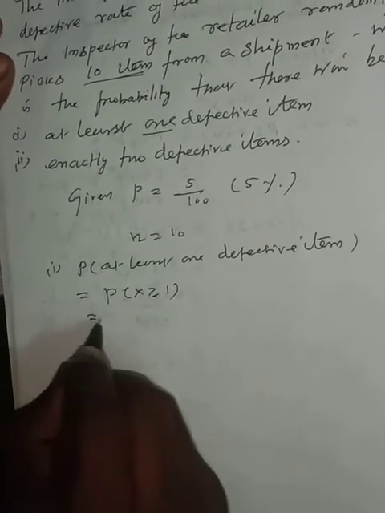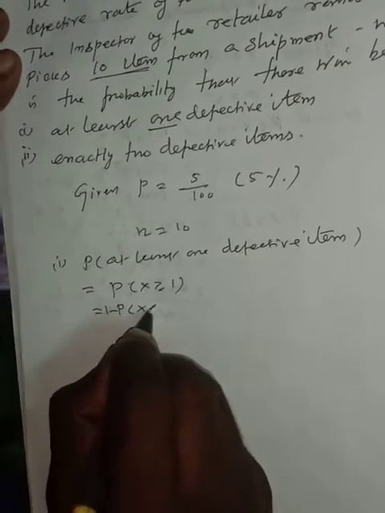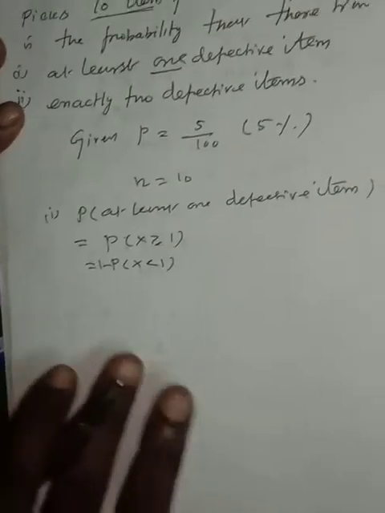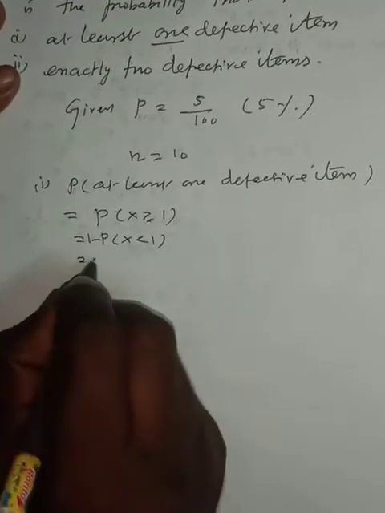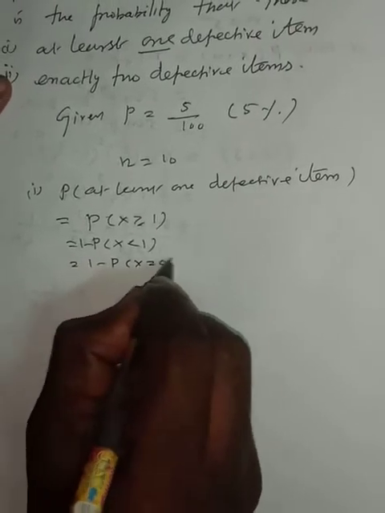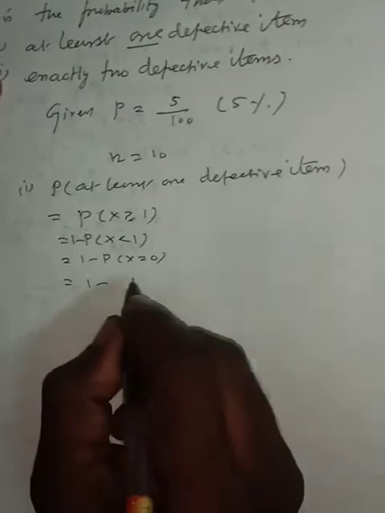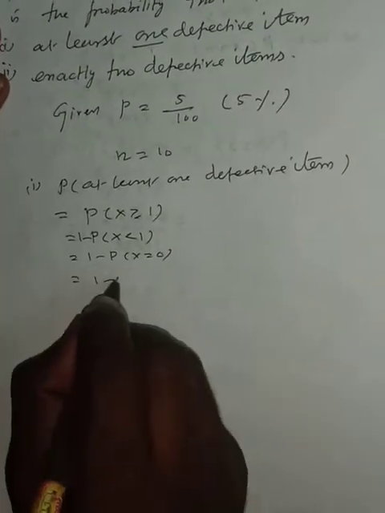This means 1 minus P of x less than 1, which means 1 minus P of x equal to 0, which is 1 minus 10C0.